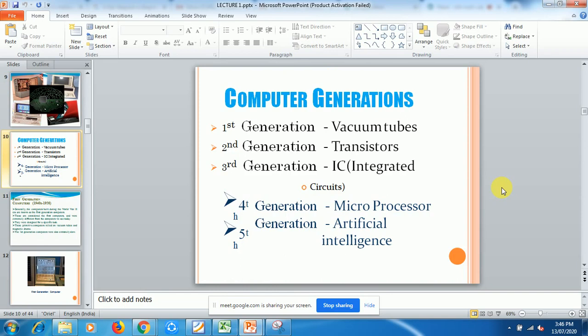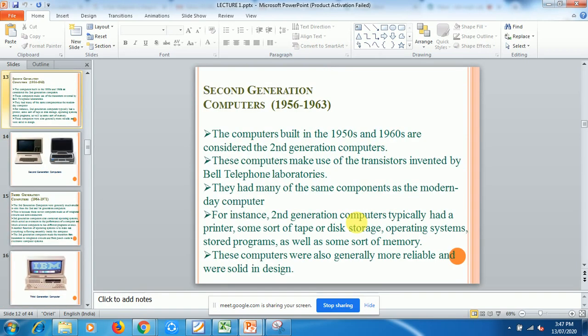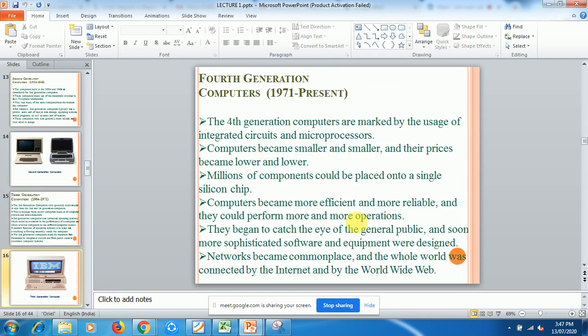That is first generation, second generation, third generation, fourth generation, and fifth generation, which is in development. The difference is the components used for processing: vacuum tubes, transistors, IC, microprocessor, and in the fifth generation artificial intelligence is built in, like robots. These were the five generations we had seen in the previous lecture also.